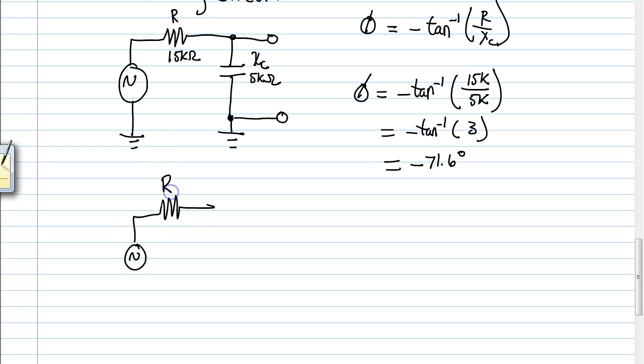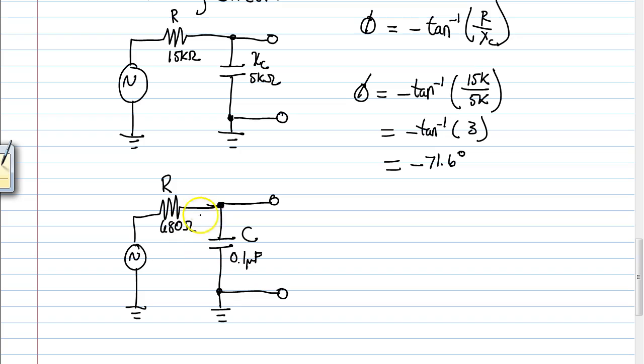This is R. It's 680 ohms. And this is a 0.1 microfarad capacitor. And let's figure out what the output phase shift is going to be.